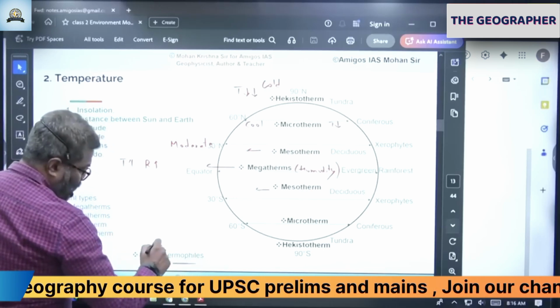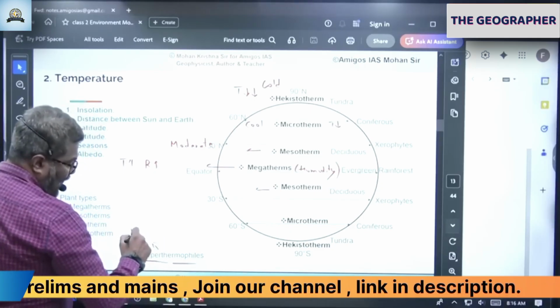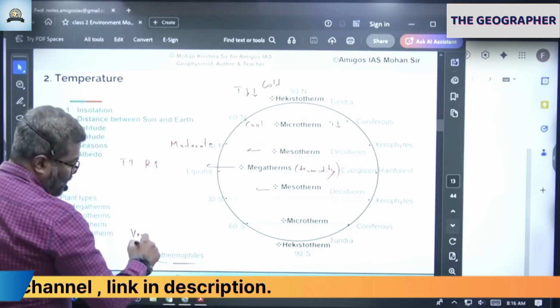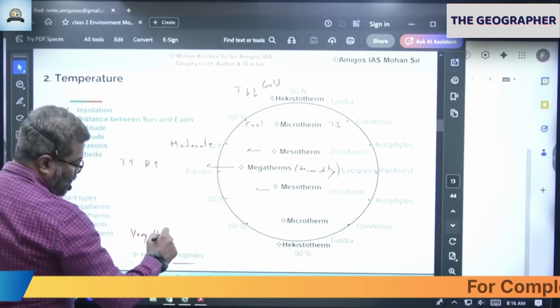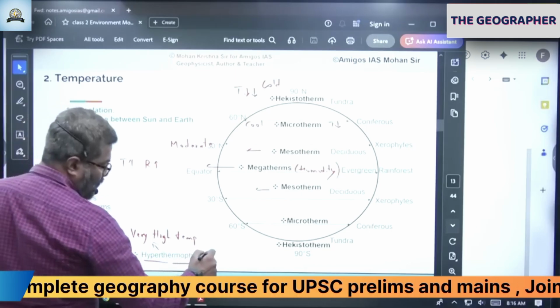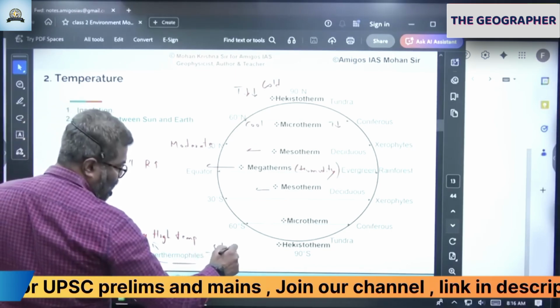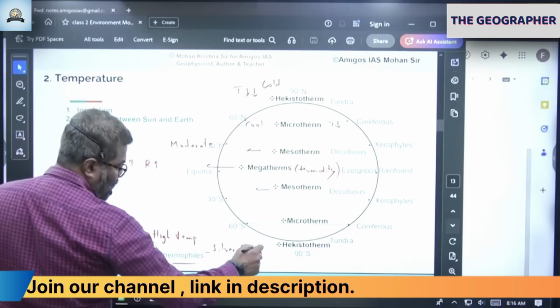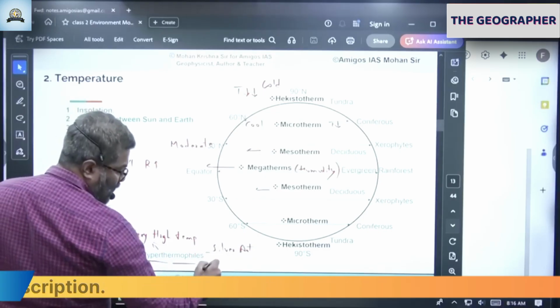Hyperthermophiles are those species which can survive extremely high, very high temperatures. Silver ant, for example. Saharan silver ant.